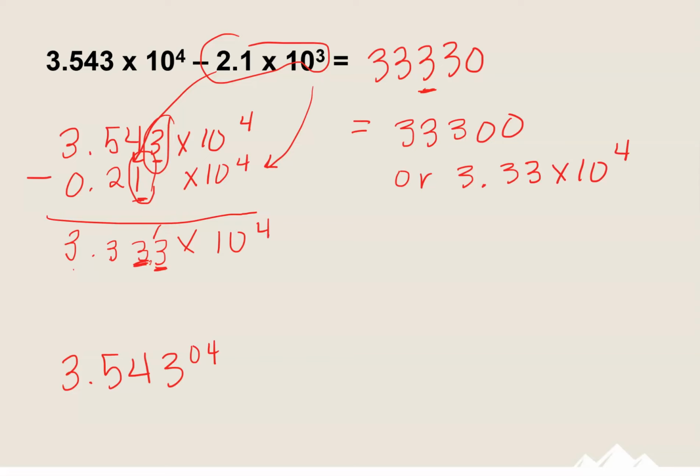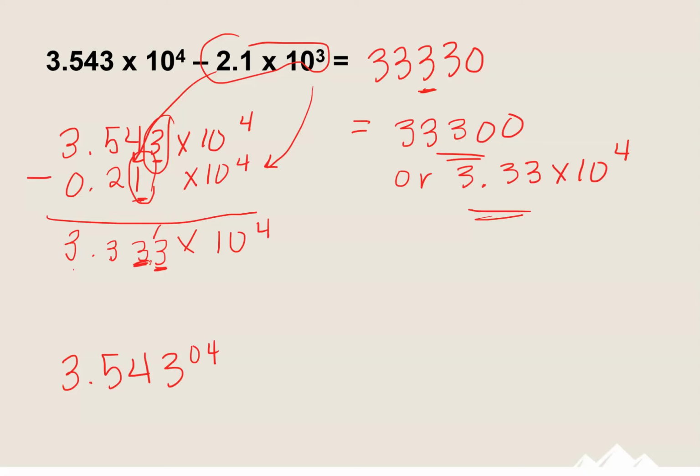Which one's the right one? They both are. When you're doing work for me, as long as you meet the conditions of the question, you're fine. I didn't specify whether I wanted scientific notation or not, so either one of those answers is just fine. And those are the rules for adding and subtracting.